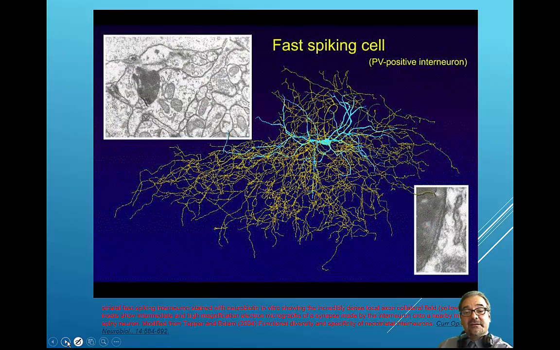Okay. This is actually a picture of a fast spiking interneuron, and you can see how arborized it is. These are all dendritic spines of the neuron, thousands and thousands of dendritic spines on these dendrites. This is the cell body, and as I say here, this is a part of the striatum, the basal ganglia, and it's a fast spiking interneuron.